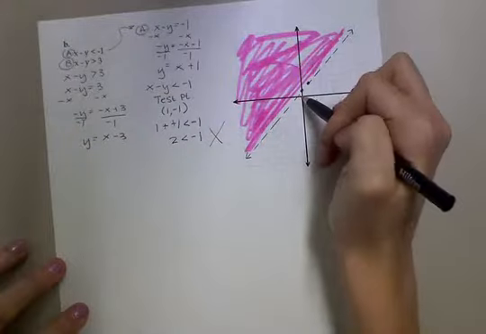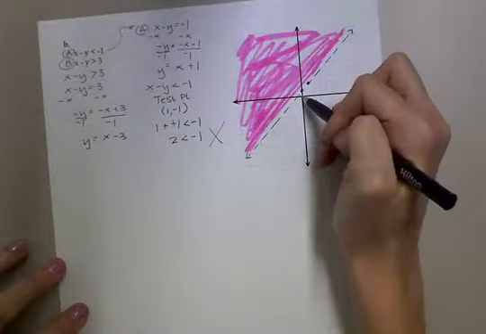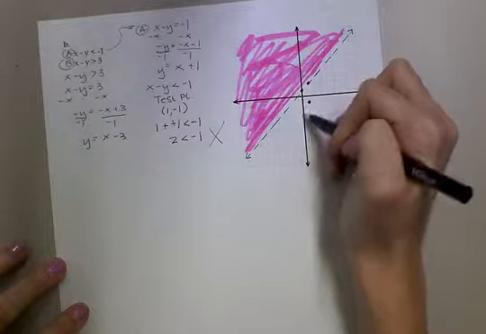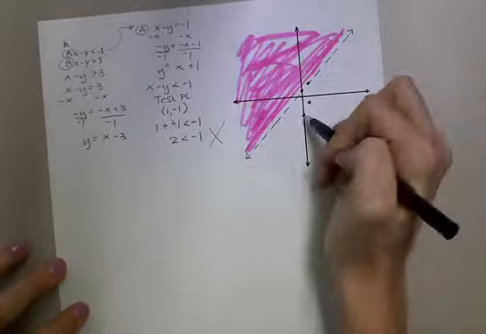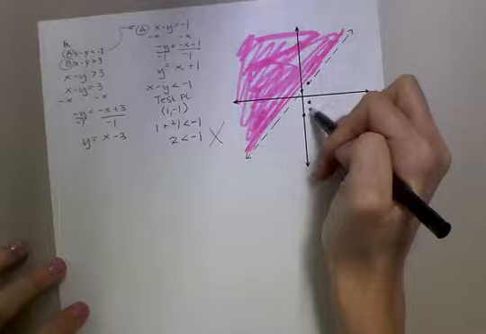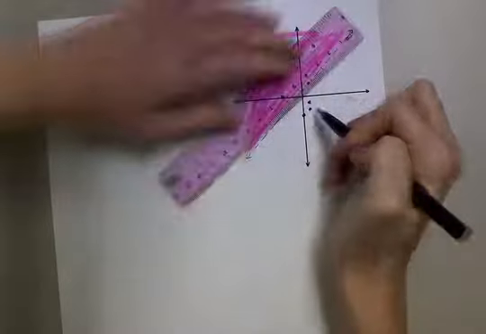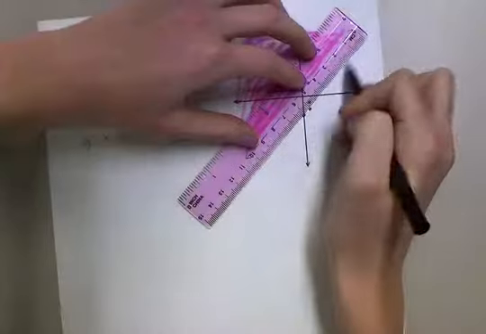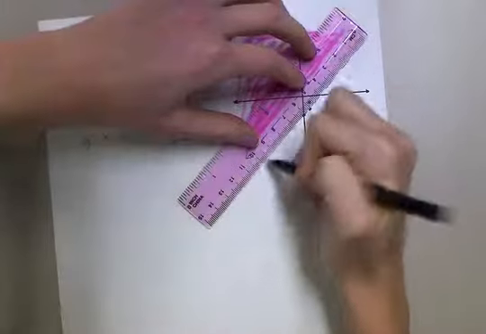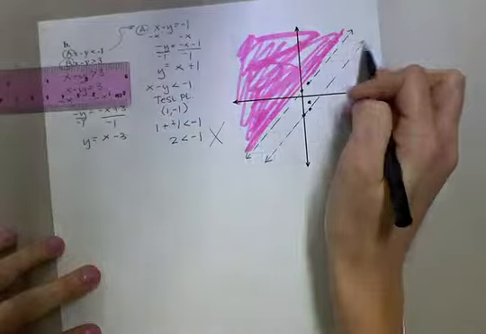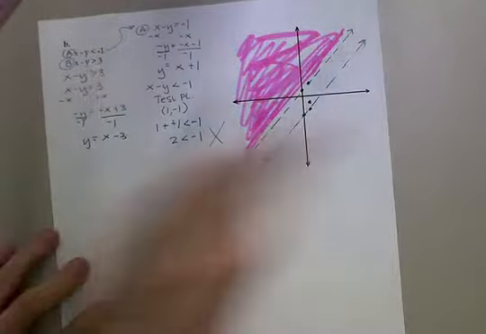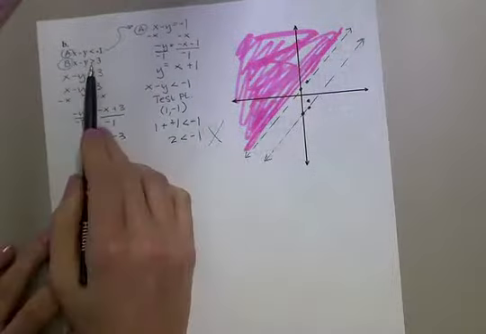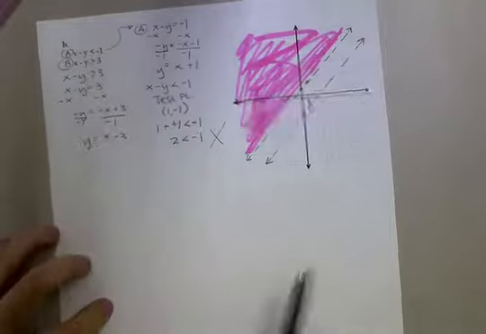So let's graph it. So our y-intercept is negative 3, 1, 2, 3. And our slope is 1, so up 1 over 1. And we're using a dotted line since our original inequality was a greater than or less than without the equal to part.